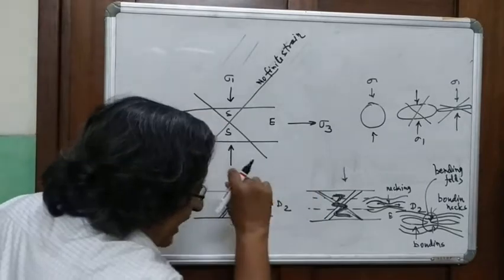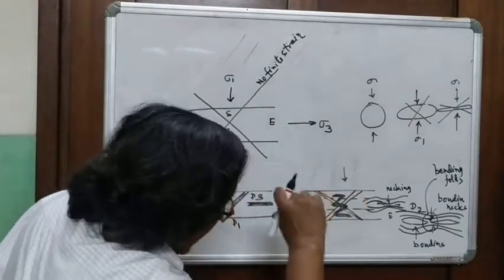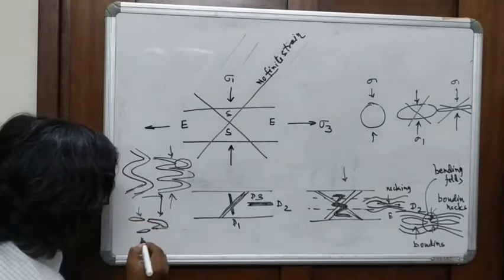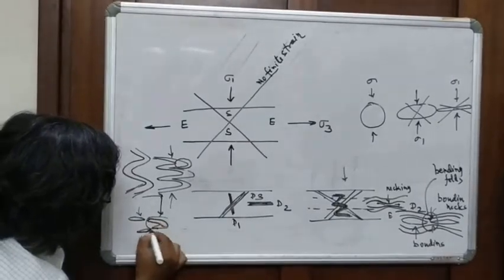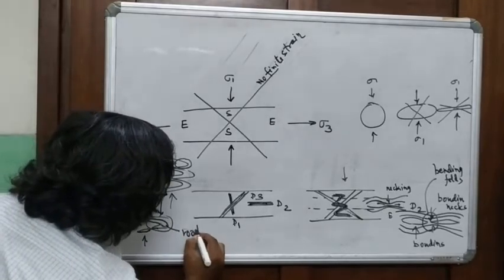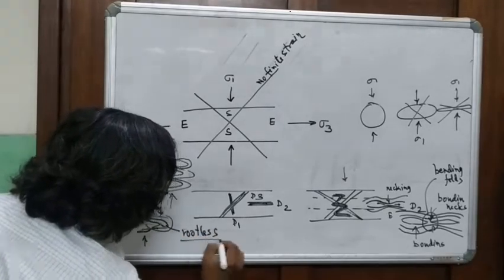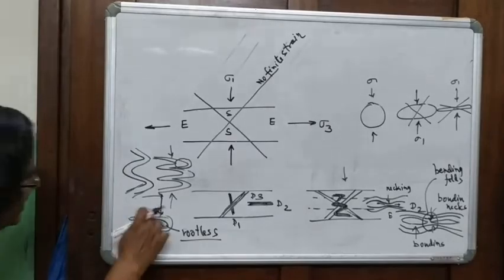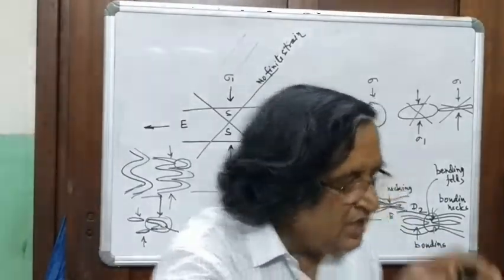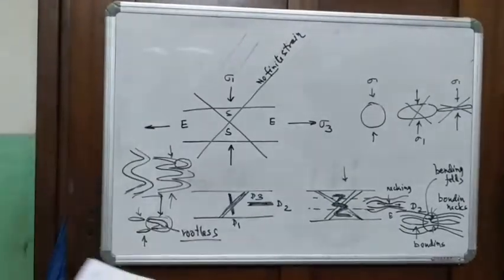The limbs become thinner and necked, and the hinge becomes longer. Ultimately, the limbs become detached from the hinges. So these are called rootless folds. That means only the boudinaged hinge part remains. The other parts are all boudinaged.